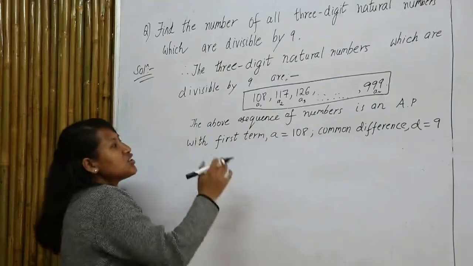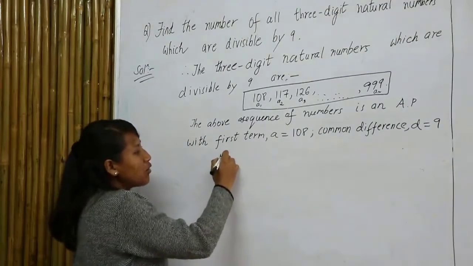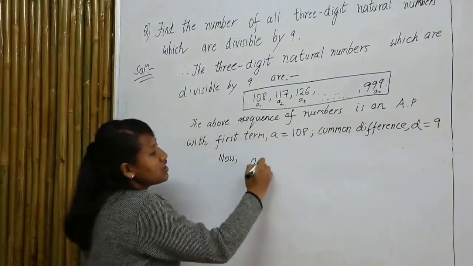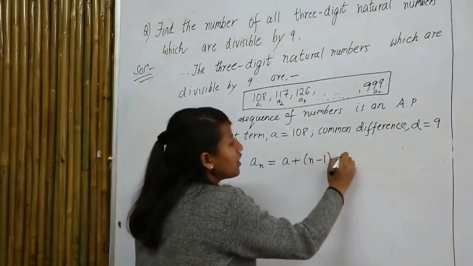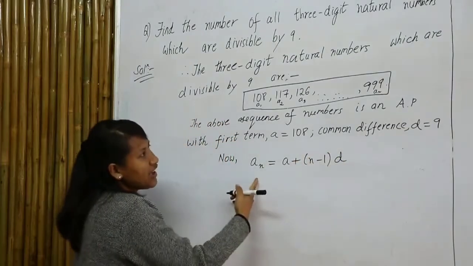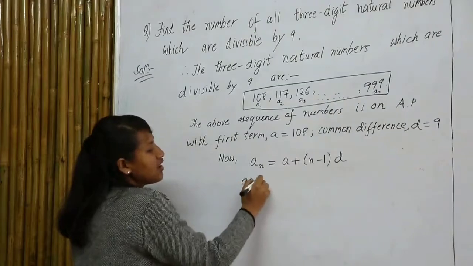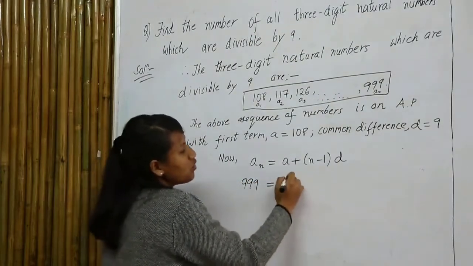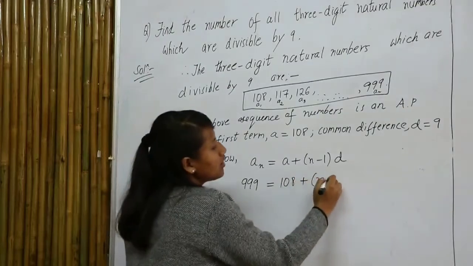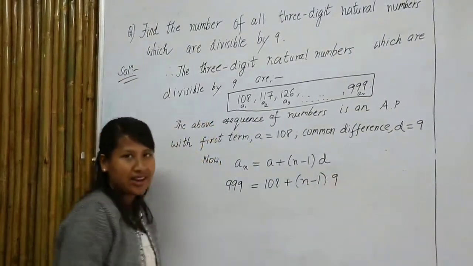So now use the general formula. What is an? It's the last one, so take the last number 999 equals 108 plus n minus 1 times d, where d is 9.